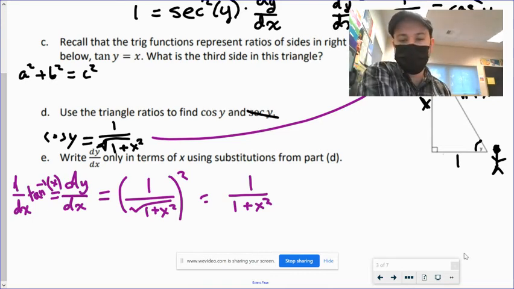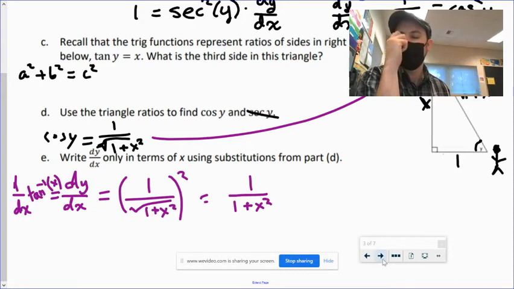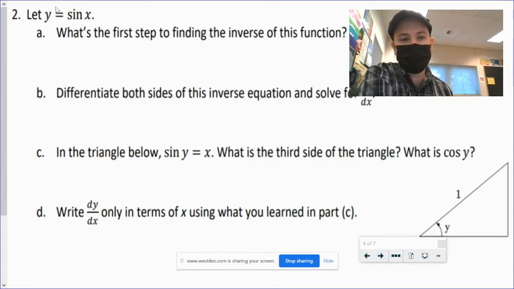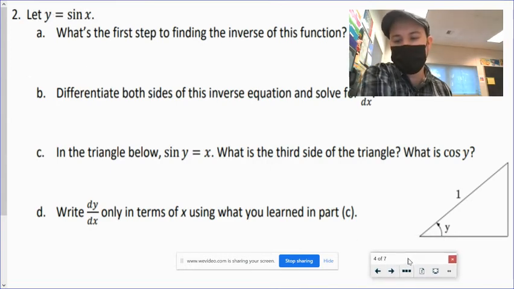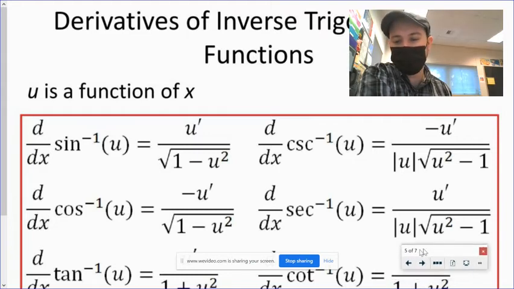The other ones. I think because of technical difficulties, I'm not going to try and film myself working through the others. There are some more investigations. We can do a similar thing for sine of x. It's a slightly different right triangle, but there it is. And we can do a similar thing for some of the other trig expressions.